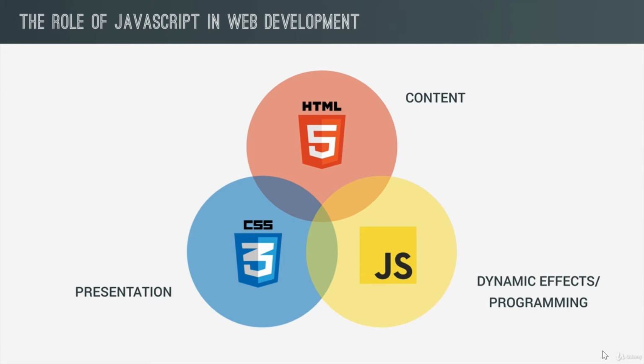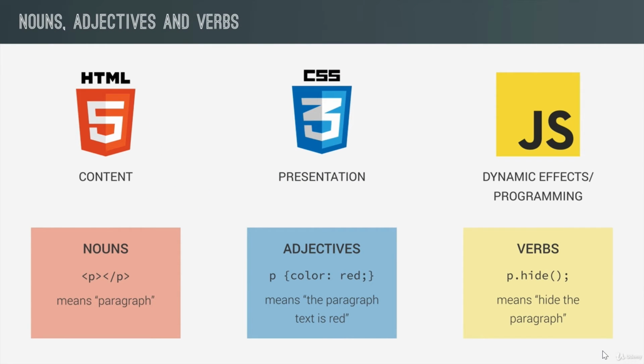So again, HTML is responsible for the content, CSS for the presentation, and JavaScript for adding real programming capabilities to websites. Now, another way to easily visualize the role of each technology is to put them in terms of nouns, adjectives, and verbs. In this thought experiment, HTML does the nouns, like saying that the P element is a paragraph.